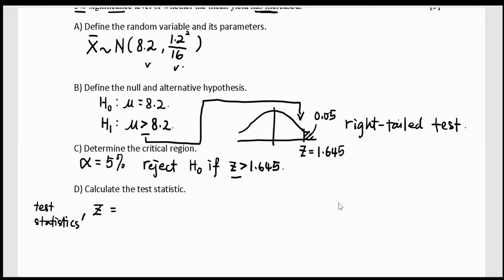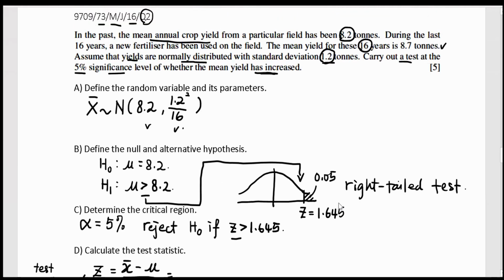So how do we carry out the standardization? We take the sample mean minus the population mean divided by the standard deviation. What is the value of the sample mean?